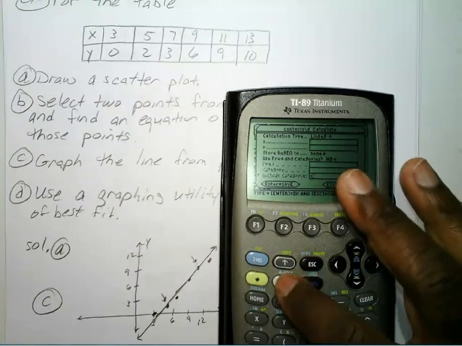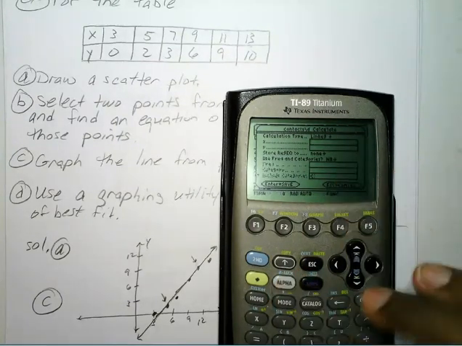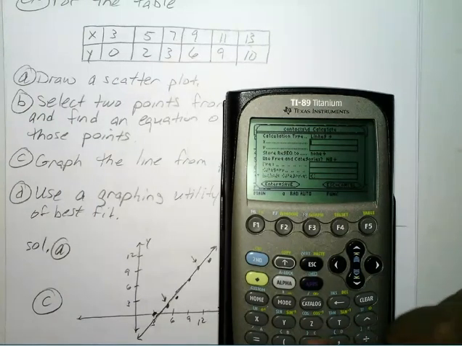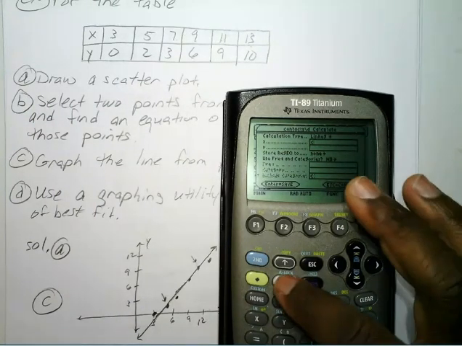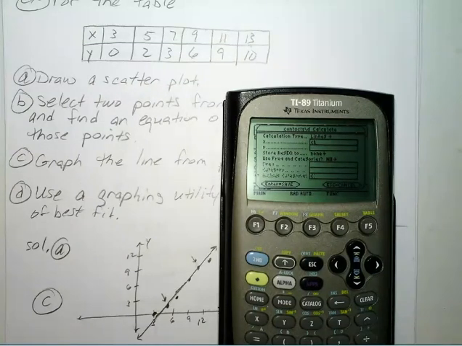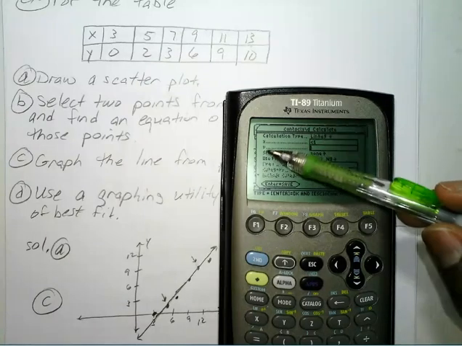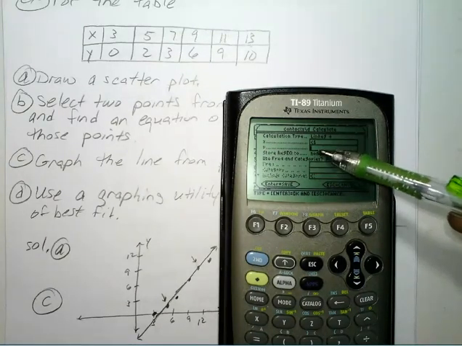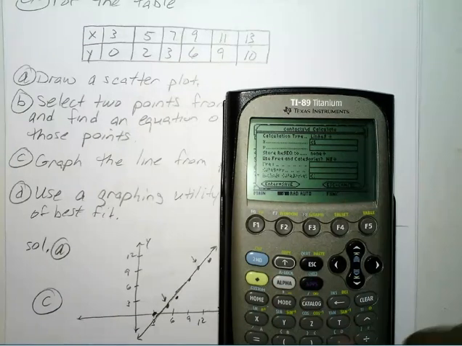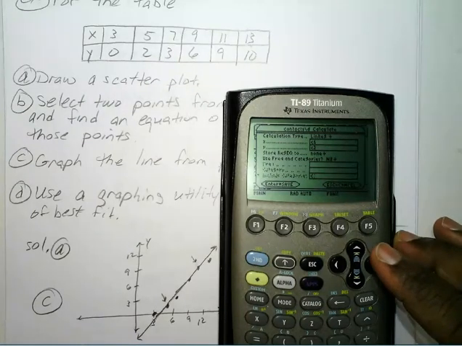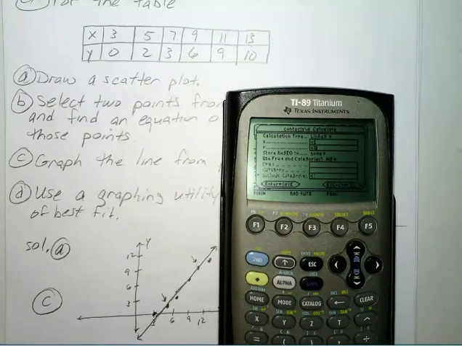So we're going to hit alpha and C, and 1. Then we're going to go down, and all the values in our Y is the list in our C2. So we're going to hit alpha, hit C, and 2, there we go. Okay, so we have our C1 and C2. Okay, we go ahead and hit enter.